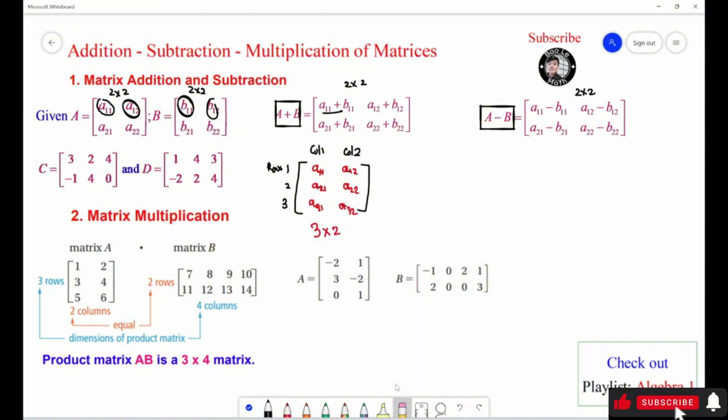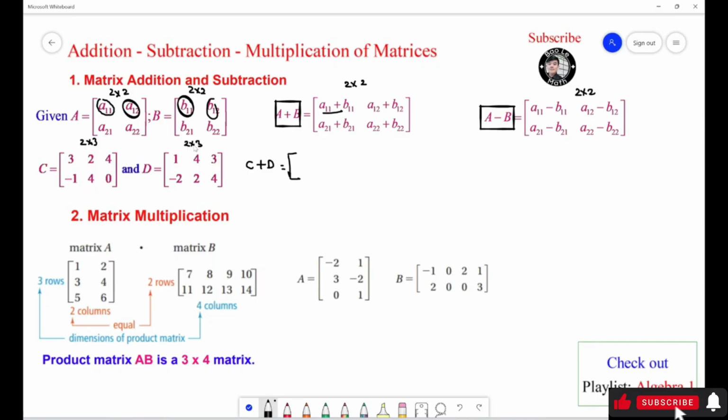Now let's take a look at an example right here. Example C and D. We need to find C plus D. Looking at this, the dimension of C is 2 by 3 and the dimension of D is 2 by 3.